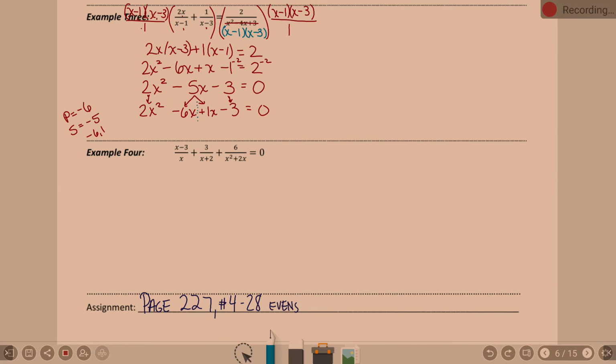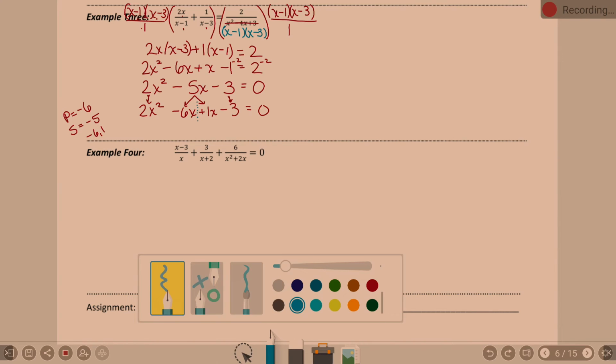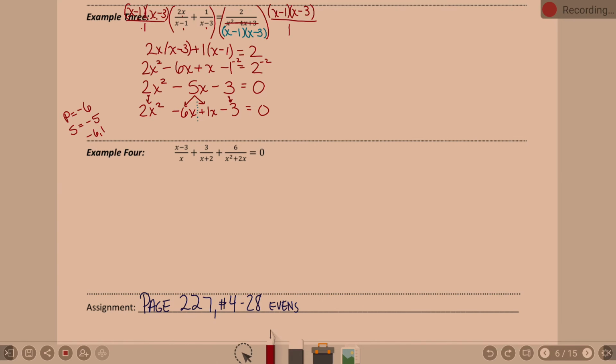What's the GCF of the first half? 2x squared and 6x both divide by 2x, leaving me with x minus 3. GCF of the second half has to be something, so we're going to say plus 1 divided by 1 leaves me with x minus 3.